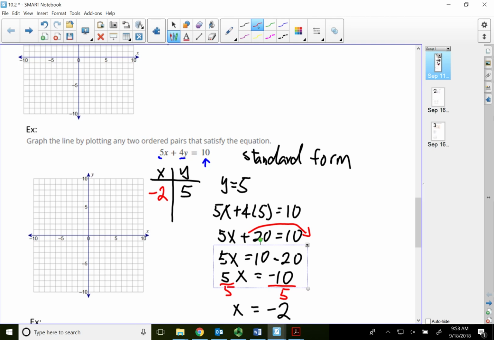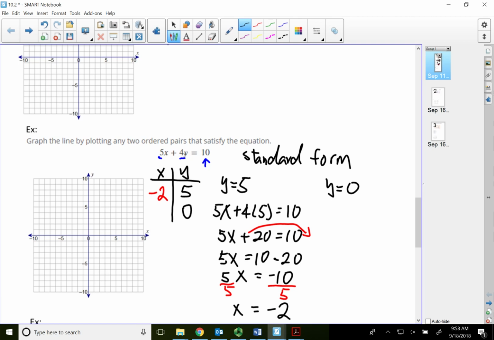Believe it or not, 0 is divisible by 5, because 5 goes into 0 zero times. So 0 is always a good number to pick. Other than 0 and 5, you can pick a 10, you can pick negative 5 if you like. As long as it's divisible by 5, you can pick them. So this time I'm going to pick y equal to 0.